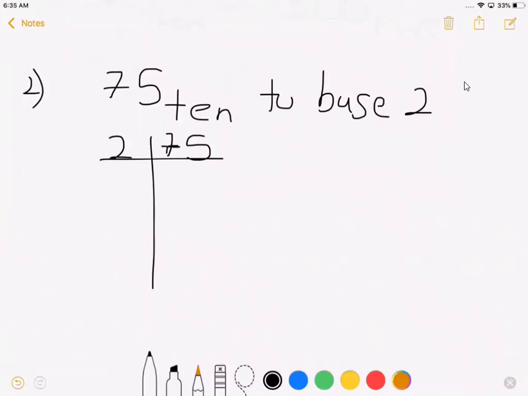It means you divide by 2. 2 into 75 is 37, remainder 1. And 2 into 37 is 18, remainder 1.